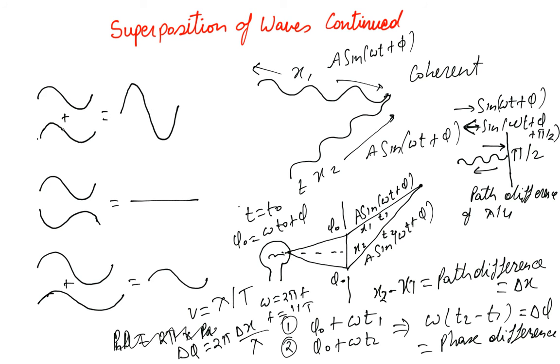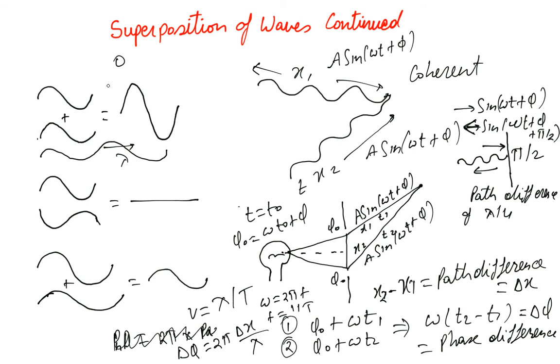If the path difference between these two waves is lambda, which means you move this wave further down by a lambda, then what you achieve is something like this, which means the second lambda. So you again have a maxima if the path difference between these two waves is a multiple of lambda.